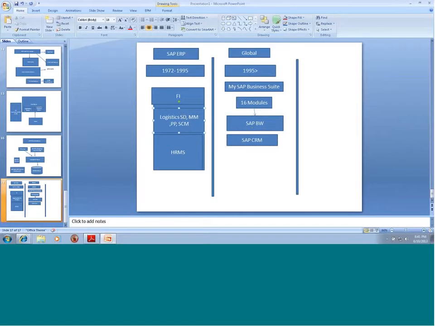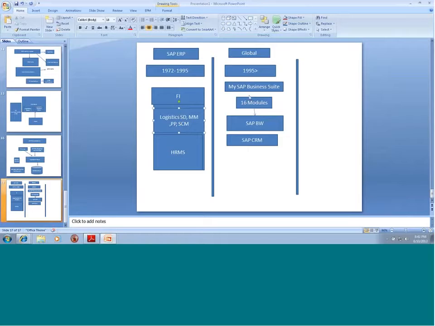But if you look at the initially created SD module, sales and distribution, its primary focus is sales and delivery. It does not look at pre-sales, which is referred to as marketing, and post-sales, which is customer service. When the logistics SD module was created in the 1970s, there was no focus on marketing or customer service in an organization. It was primarily focusing on just doing the sales and delivery.